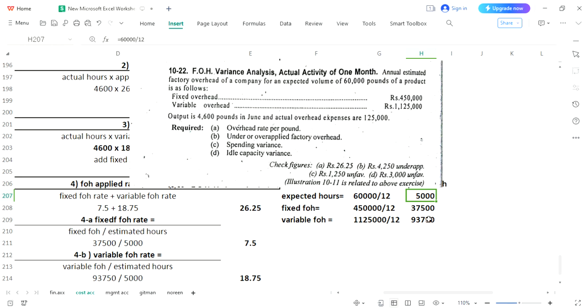You can see 37,500 was put to calculate fixed FH rate, and you can see 93,750 variable FH was used to calculate variable FH rate, and in R's section instead of 60,000 you have used 5,000. So for all supporting calculations you have used per month's amount. This is the twist, this was the different aspect of this question, and remaining all parts were same.